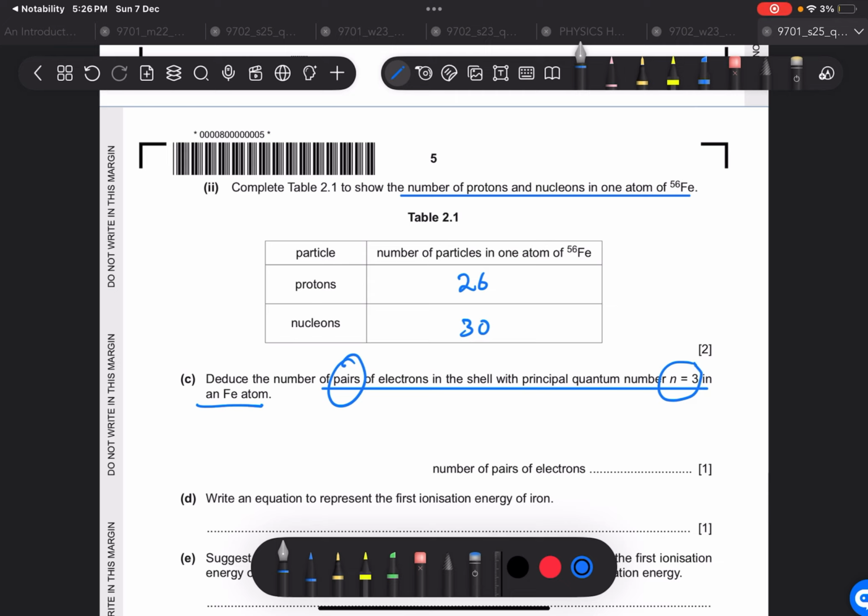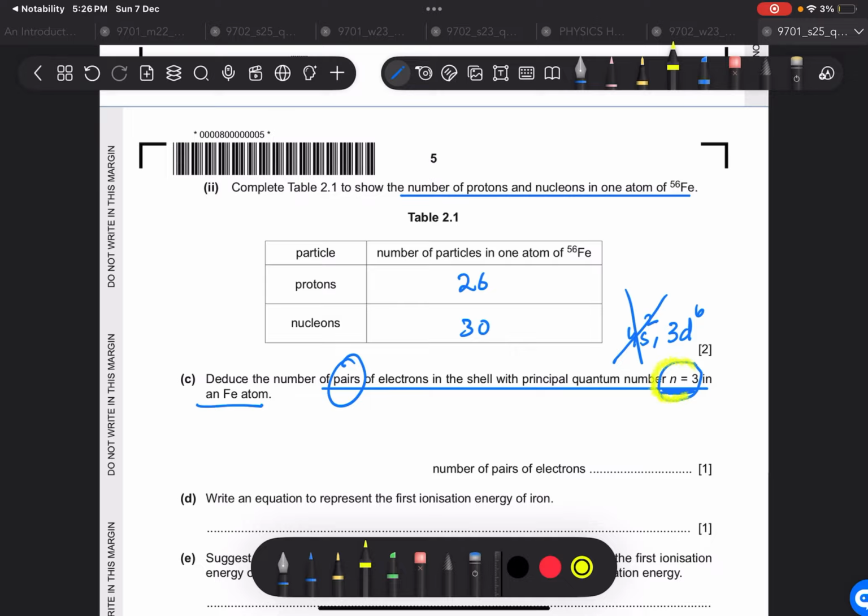The last shell is 4s2 and 3d6, but we cannot consider 4s2. Why can't we consider it? Because it is principal quantum number 3.